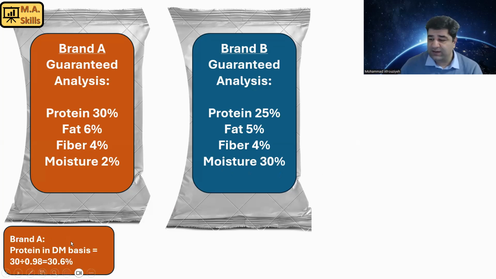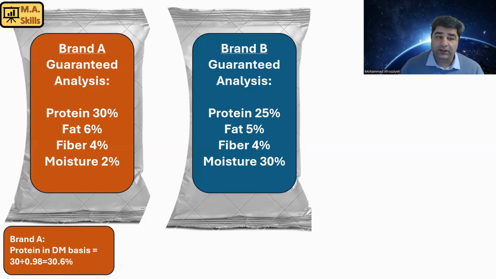So here, as you can see, the 30% protein showed up on the label is based on as fed. What's the level of moisture? 2%. So you need to subtract it from 100 to get the dry matter. So 100 minus 2 is 98% dry matter. And then divide the protein level by dry matter.